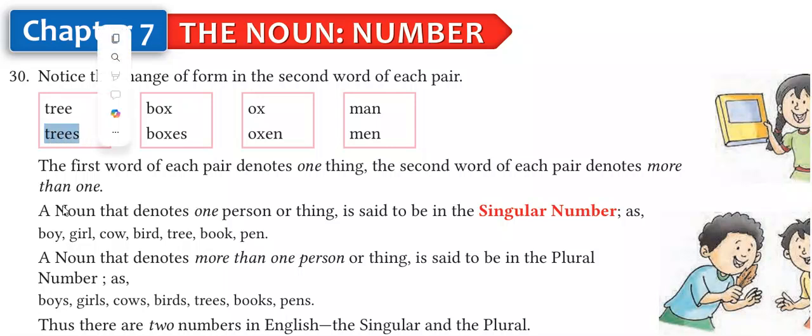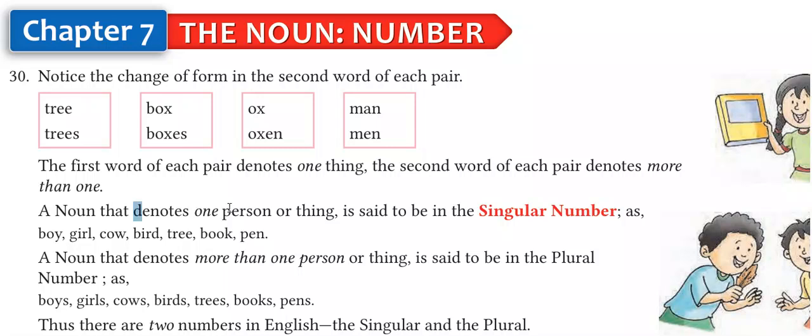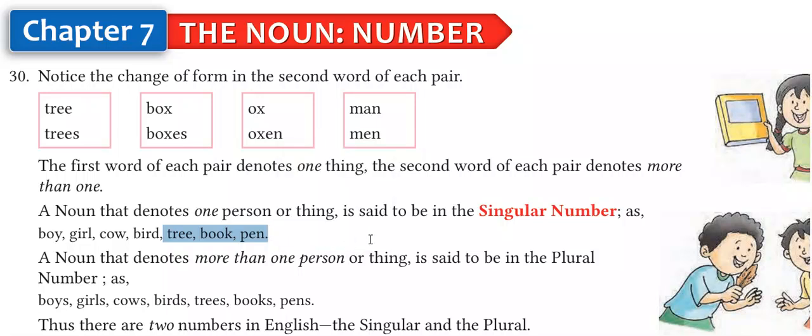So a noun that denotes one thing or one person is said to be in the singular number, such as boy, girl, cow, bird, tree, pen, or book. These are singular nouns.